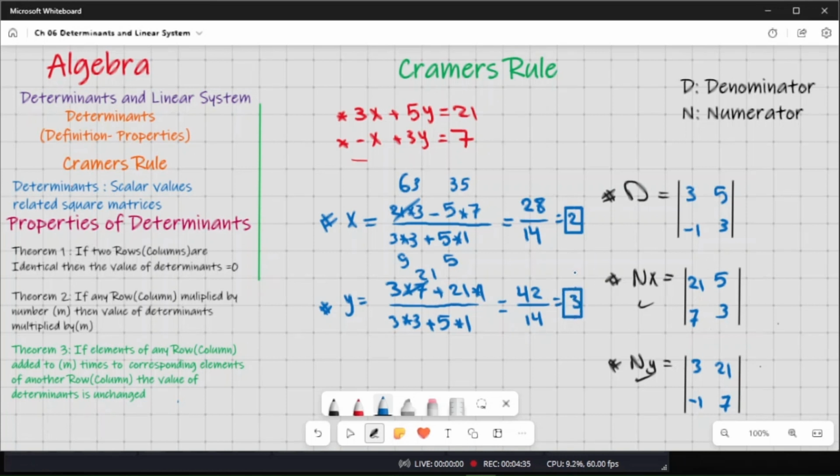We just get x and y by substituting the values of the denominator and the numerators of x and y.